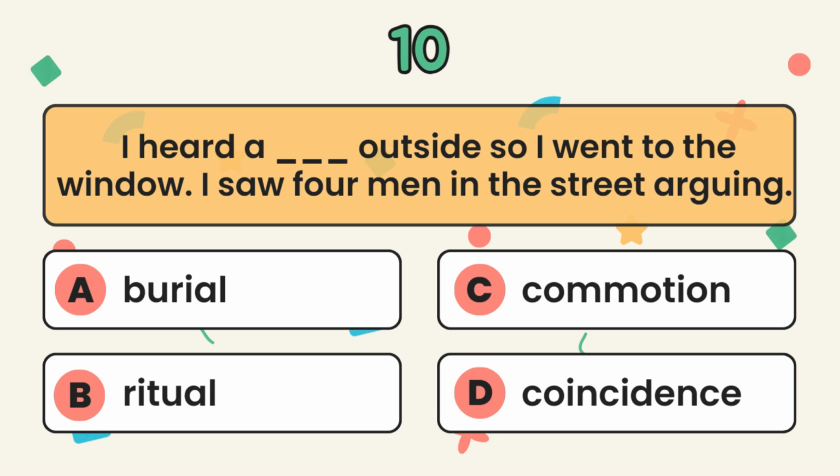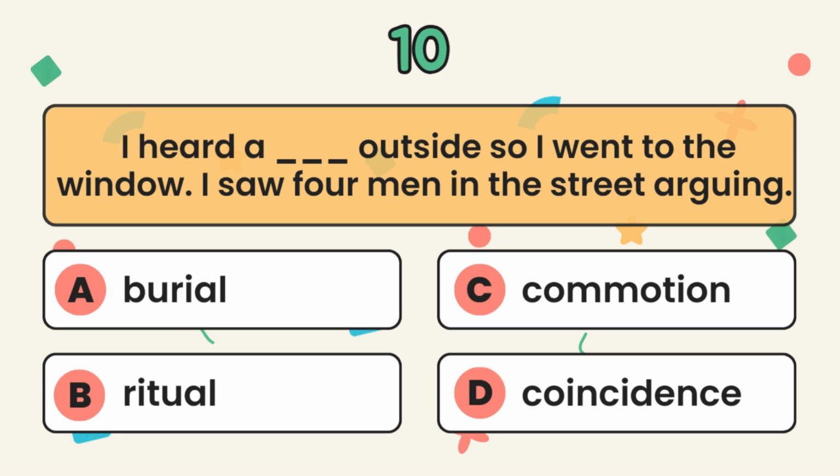The word commotion is a noise that disturbs or distracts a person. He heard a commotion because he was distracted when he heard something, which is why he went to the window, and then he saw the 4 men in the street arguing. It is not coincidence, since he himself insisted on going to the window to see where the noise came from.